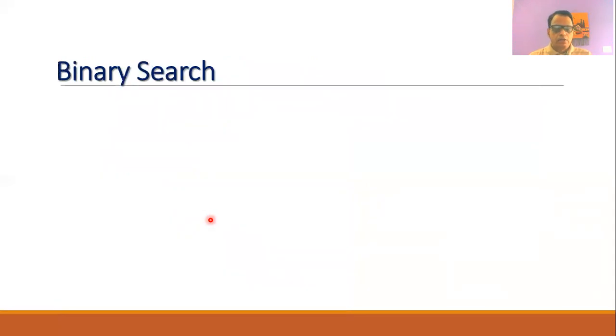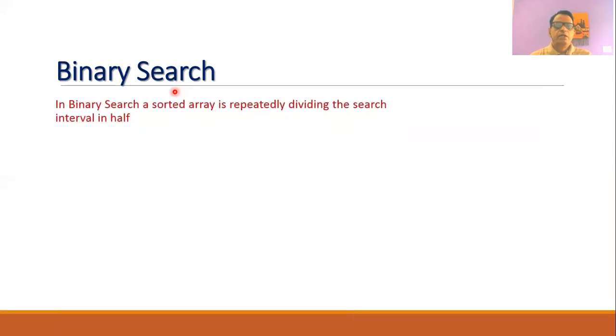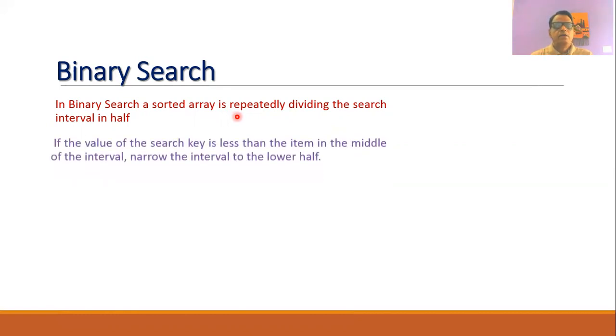Now we will go for another method, and this search method is called the binary search method. In the binary search method, what we require is an array which is already sorted. So binary search has a requirement that the given array must be a sorted array. Then in binary search, we repeatedly divide the search interval in half.